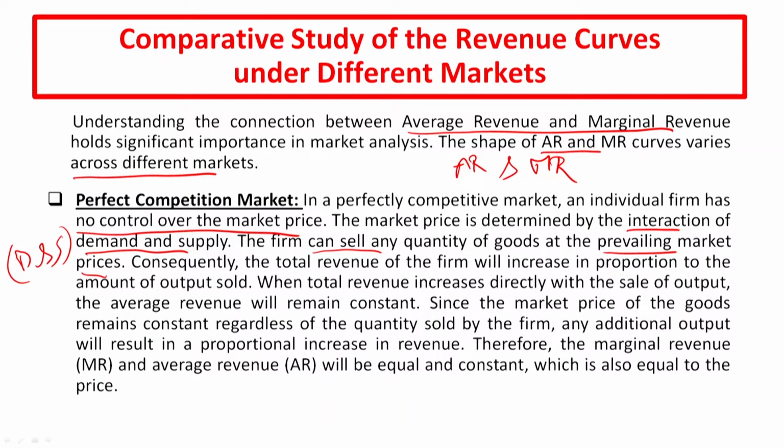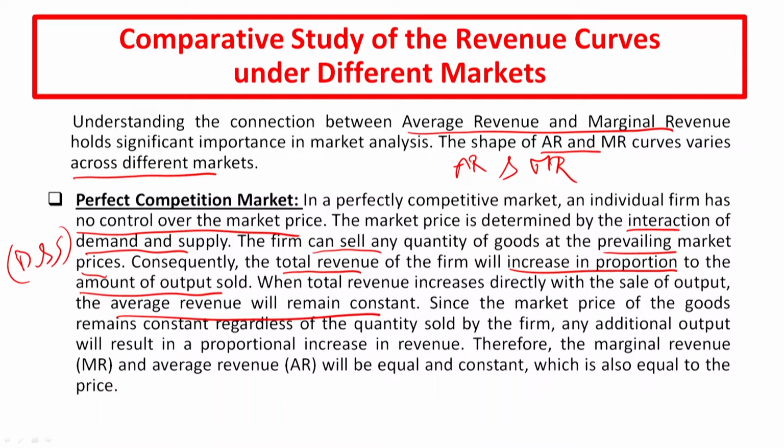Consequently, the total revenue of the firm will increase in proportion to the amount of goods sold, which means the TR will increase in proportion to the amount of output you are selling. When total revenue increases with the sale of output, the AR will remain constant.